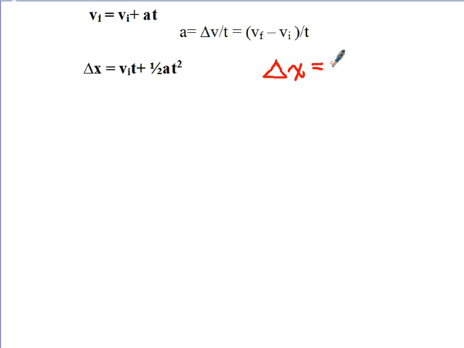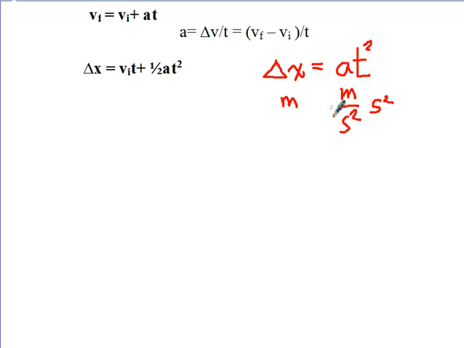Many people would prefer this equation for the relationship between acceleration and displacement. And unit-wise, it seems fine that this is meters here, and here is meters per second squared. And so if I multiply this by seconds squared, bingo, everything looks good.